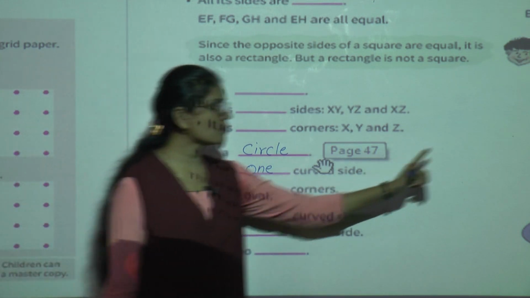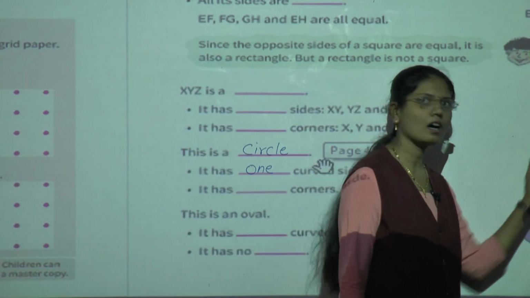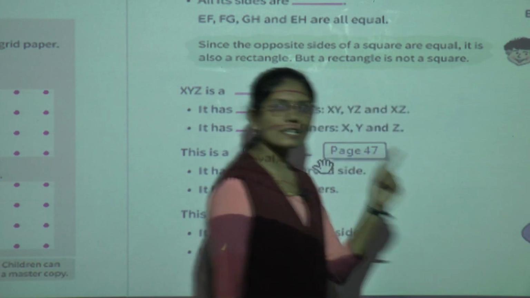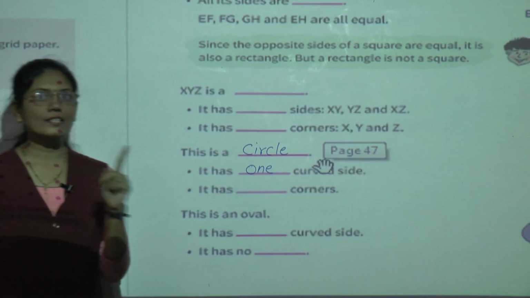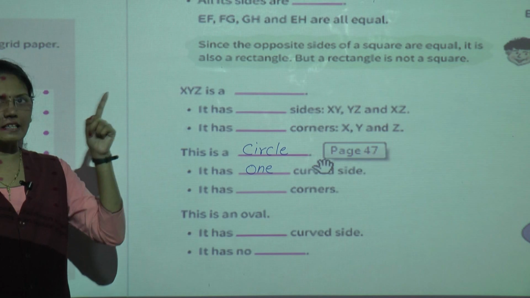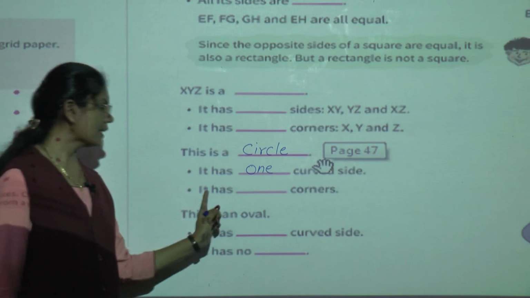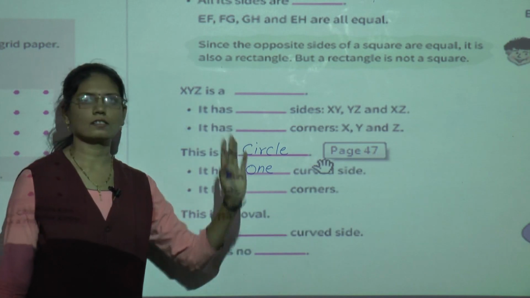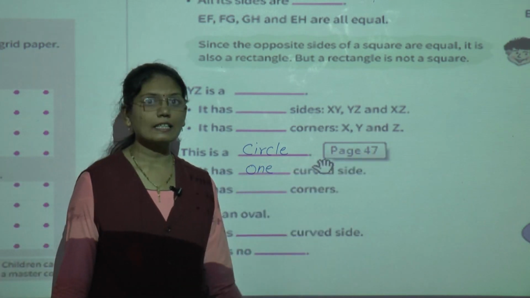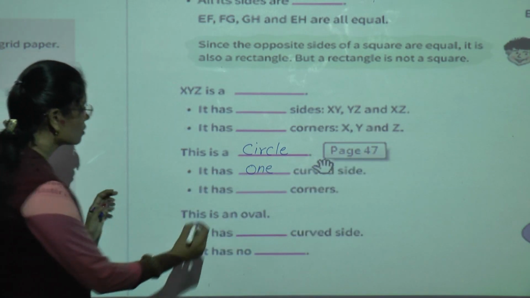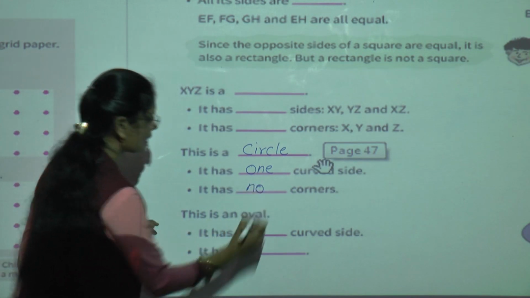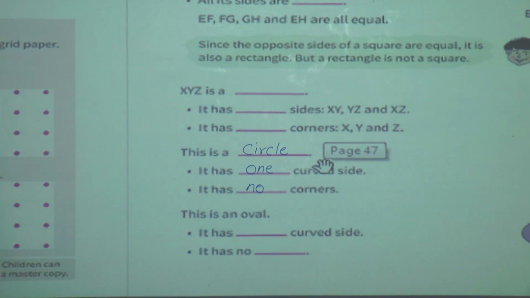This is called a curved side. It has no straight sides like a triangle, square or rectangle. It has dash dash corners. How many corners does it have? It has no corners. So 0 corners means it has no corners.